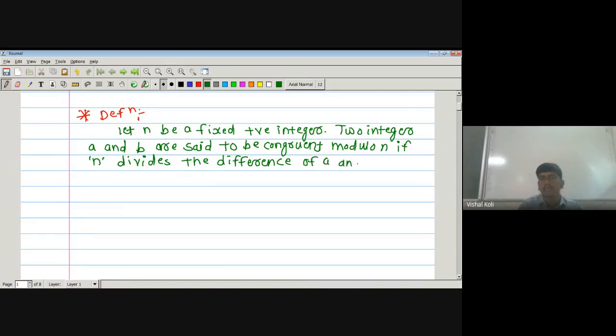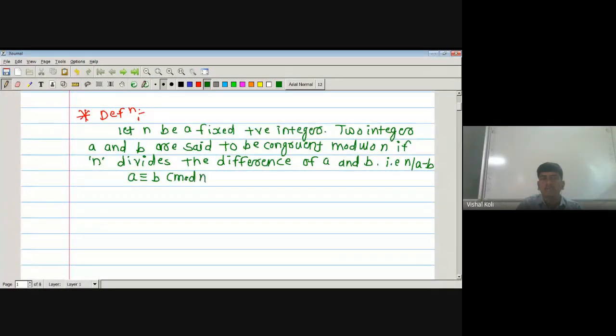That is, if n is any fixed positive integer and a and b are any two integers, then a and b are said to be congruent modulo n if n divides the difference of these two integers a and b. That is, if n divides a minus b, then we say that a is congruent to b modulo n, which is denoted by the symbol a ≡ b (mod n).